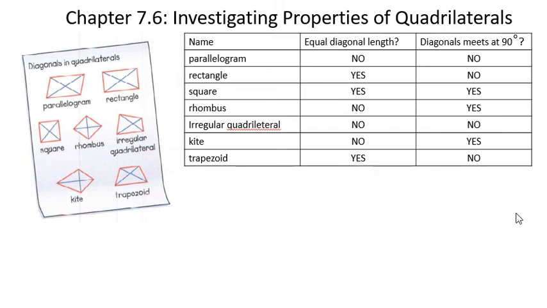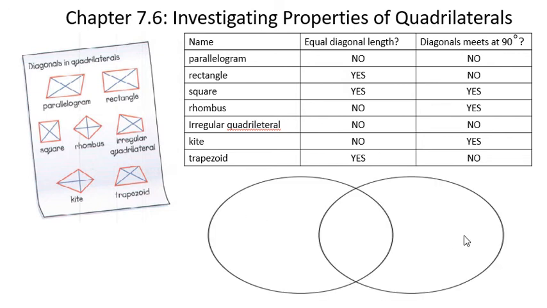A question like this lends itself very well to sorting all of these shapes into a Venn diagram. So we would be able to label this Venn diagram regarding what they have. I've created here a simple Venn diagram, two circles that overlap. This is the middle overlap, and I'm going to label them. This one I can call equal diagonals, and I'm going to use the short form because we're short on space.